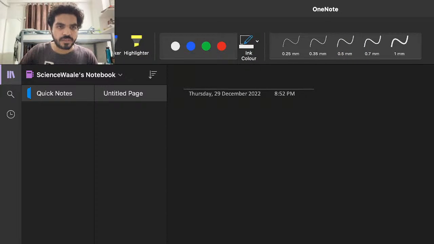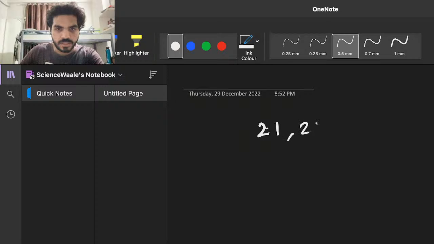First, we will start with the question that goes: tell us the smallest number which, when divided by 21, 23, and 22, leaves a remainder of 18 in each case.